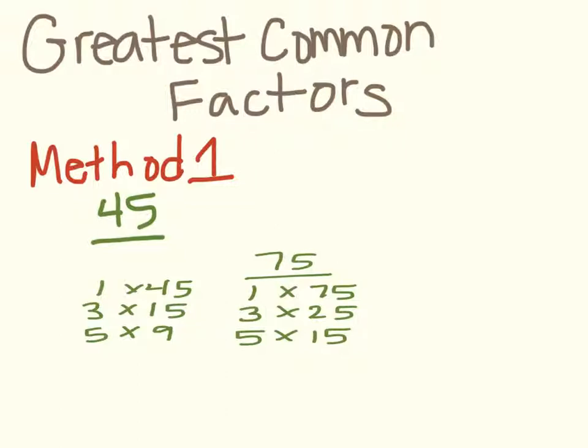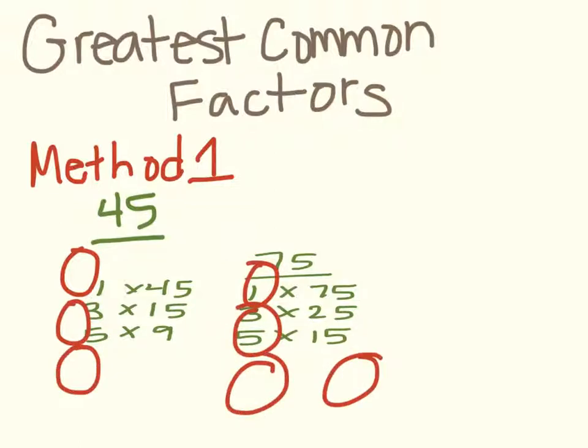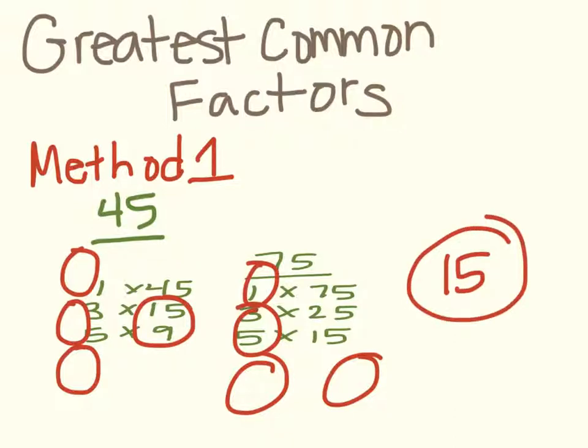Now we'll go through and find our common factors. They're 1, 3, 5, and 15. Which of these common factors has the highest value? It's 15. So our greatest common factor between 45 and 75 is 15.